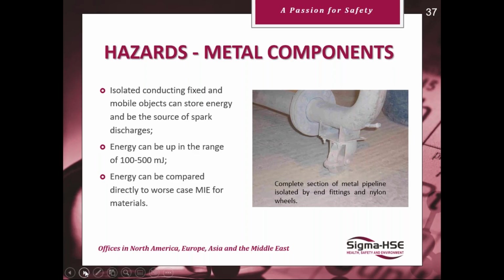and it can be compared directly to the worst case MIE of materials. Again, these things are called spark discharges, and they are the most common and the easiest to sort out on your plant. So when you do your electrical inspections, maybe get them to check the earth, including flying leads, such as those used when you're filling propane tanks or filling forklift trucks from propane tanks.